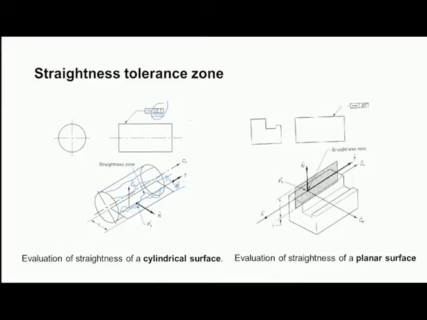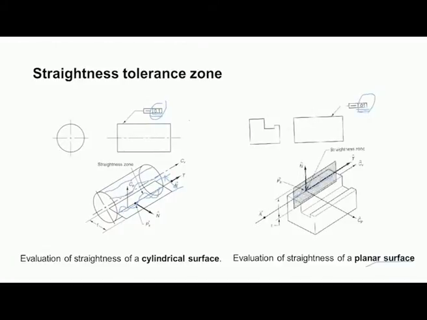Similarly, on the flat surfaces, planar surfaces, again on the surface, the straightness tolerance is 0.01. That means, on this surface, if you consider a line, all the variations in the vertical plane should be within this 0.01 millimeter.